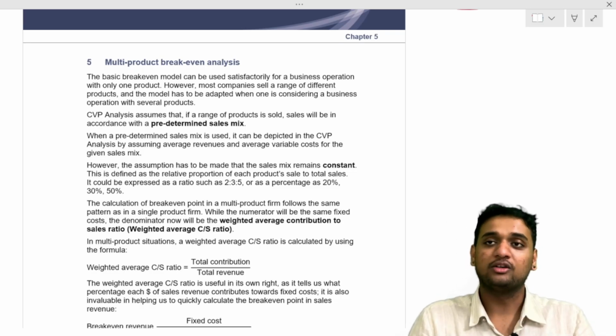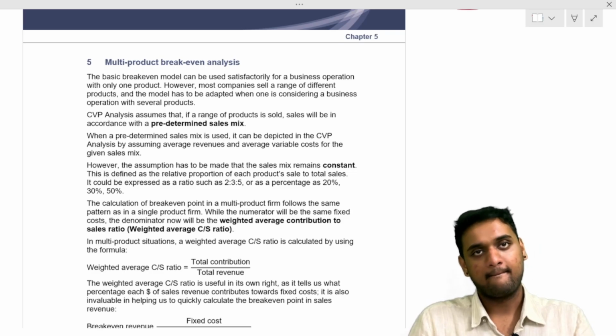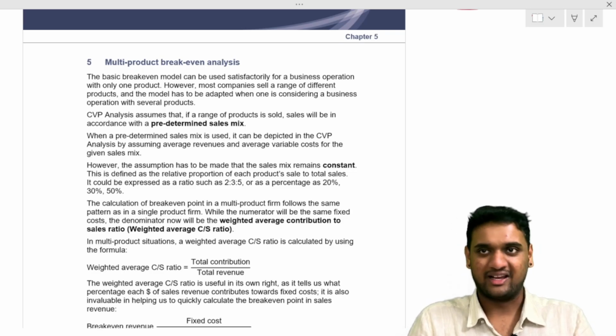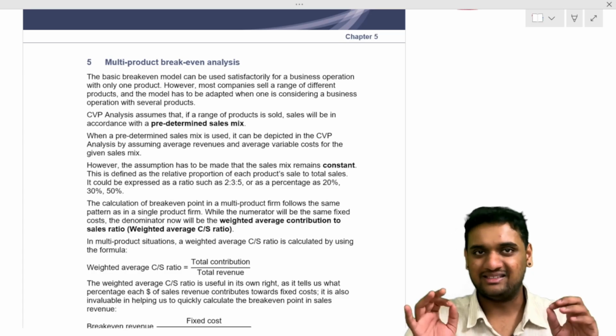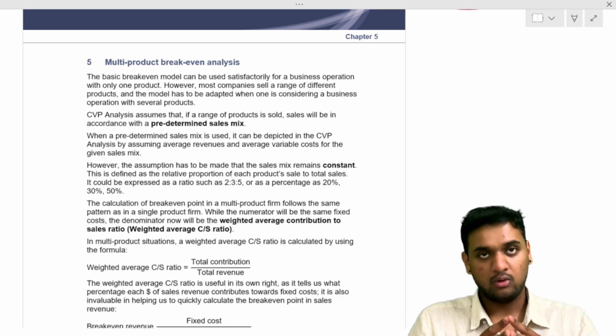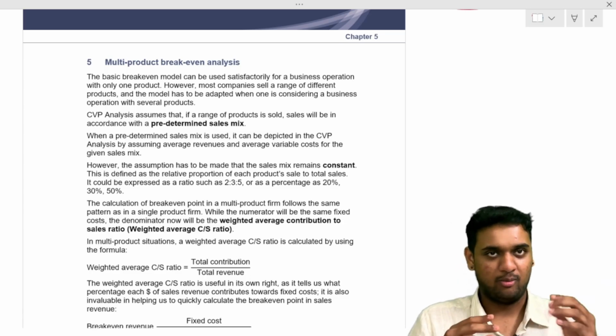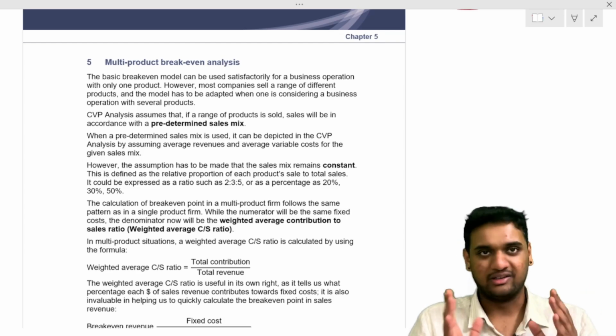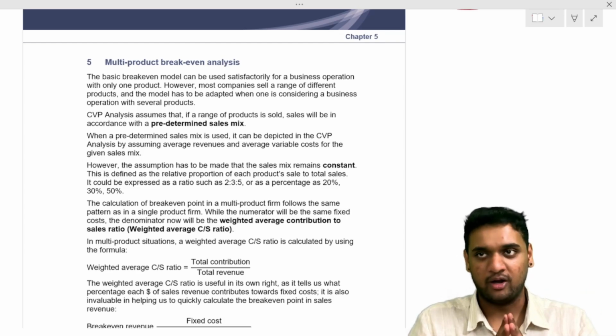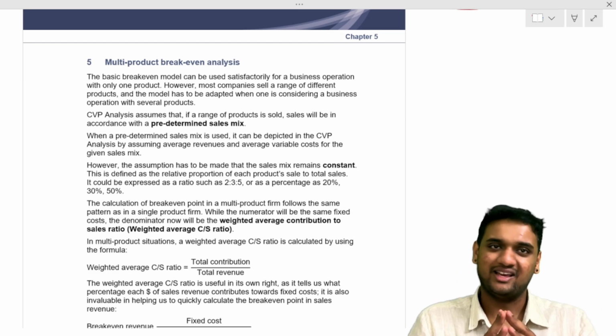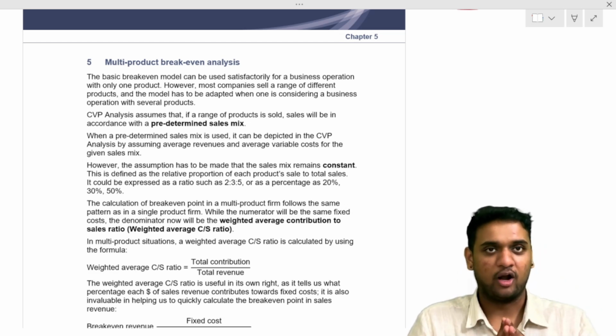What are the two formulas for break-even point? Fixed cost divided by contribution per unit. Second formula, fixed cost divided by CS ratio. First formula, rule it out. Contribution per unit formula, rule it out for now. We'll come to the second formula. What is the second formula? Find the break-even point: fixed cost divided by CS ratio. Fixed cost is the same for both the products now.